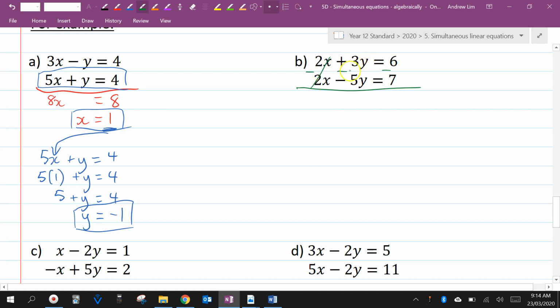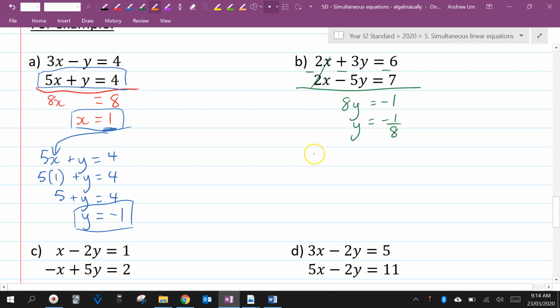3y minus 5y becomes 3y plus 5y. That's 8y. So be careful with that. 6 minus 7 is minus 1. Therefore, y is equal to minus 1 on 8. Now that we've worked it out, we can substitute that into any of these equations to work out what x is equal to.